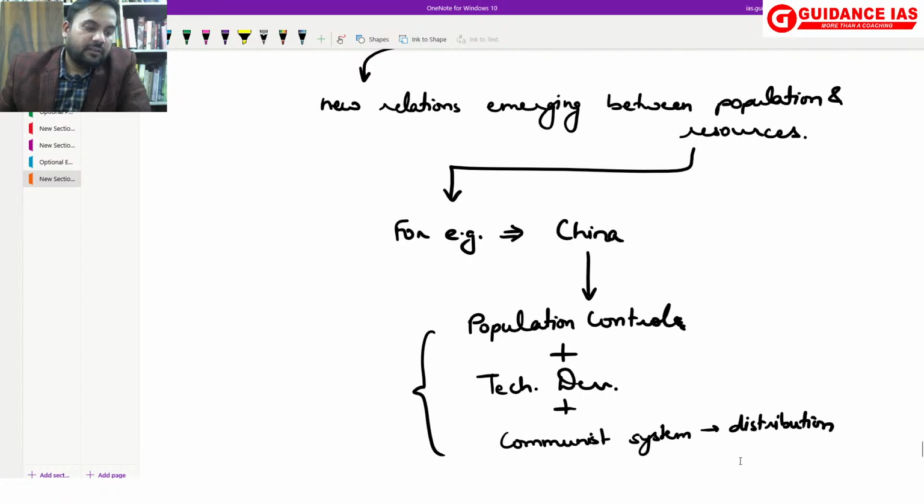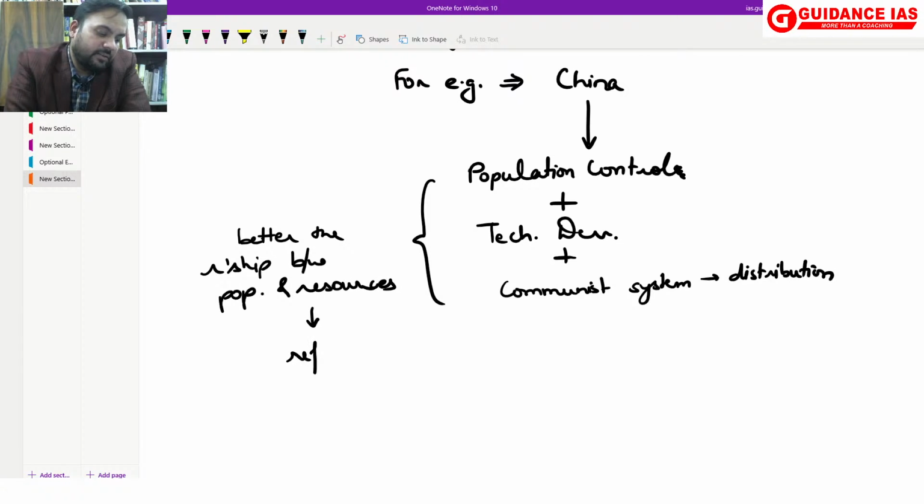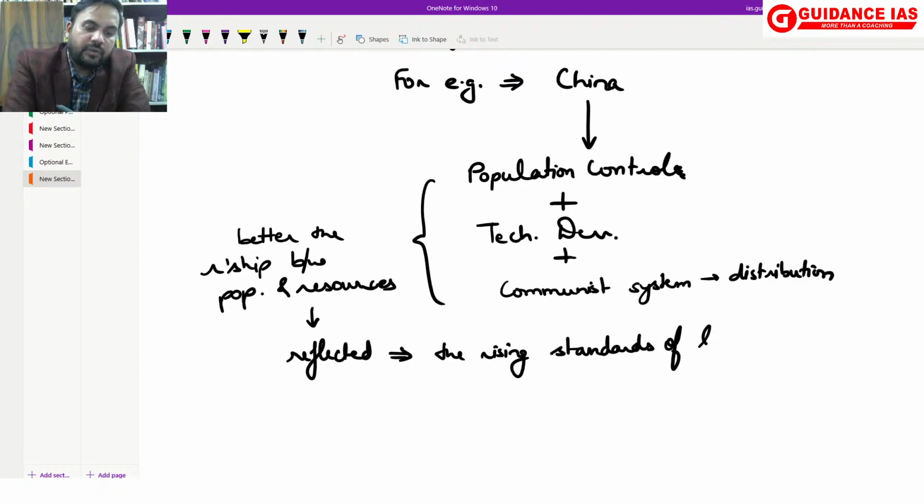Can I say they have been able to better the relationship between population and resources, which is reflected in the rising standards of living. Rising standards of living. ठीक है, समझ में आ गया कैसे लिखना था?